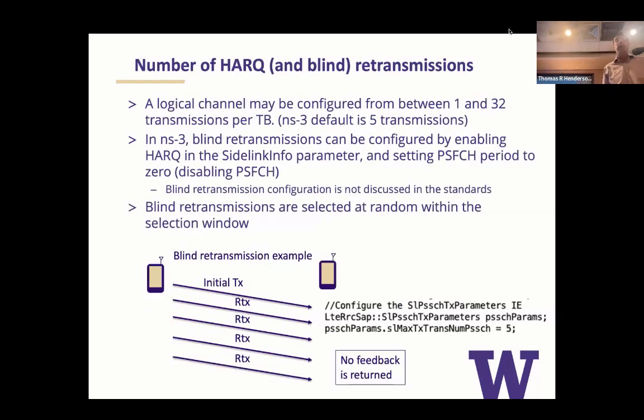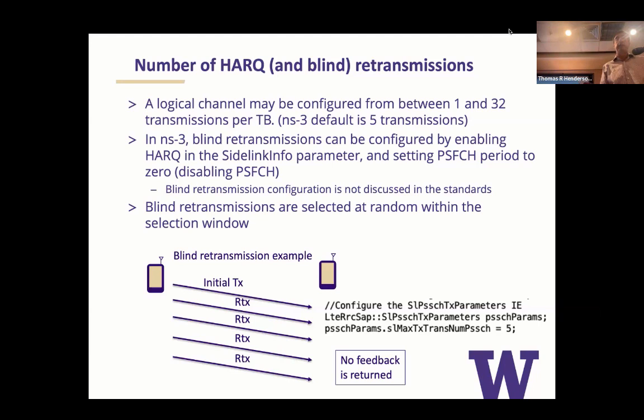As I mentioned, the logical channel may be configured between 1 and 32 transmissions per transport block. By default, in NS3, we assume 5. There's no way that I could find in the standard to configure blind retransmissions, to note that in the MIB or any of the configuration structures. The way that I chose to implement it is to enable it in the sidelink info that I introduced earlier and set the PSFCH period to 0.